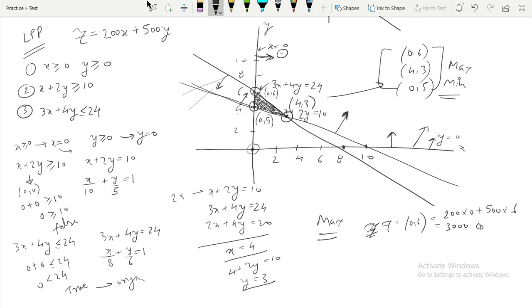This is one. Second point is 4 comma 3, we put it like this, 200 into 4 plus 500 into 3, this would be 2300. This is second. And third is 0 comma 5, that means 200 into 0 plus 500 into 5, this is 2500. This is 3.